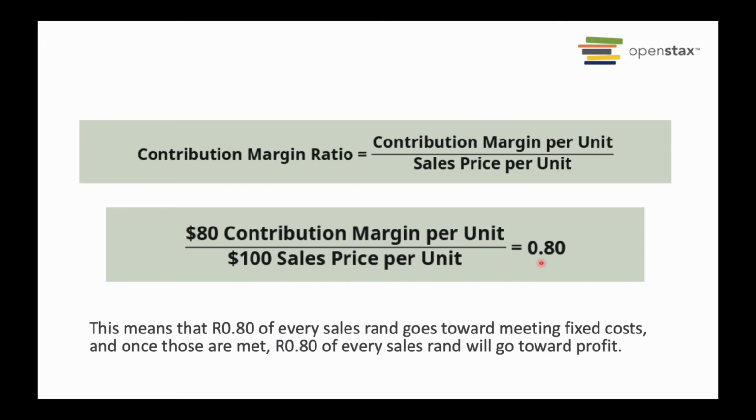The contribution margin ratio would be 0.8. This means that 80 cents of every sales Rand goes towards meeting fixed costs, and once those are met, 80 cents of every sales Rand will go towards profit.